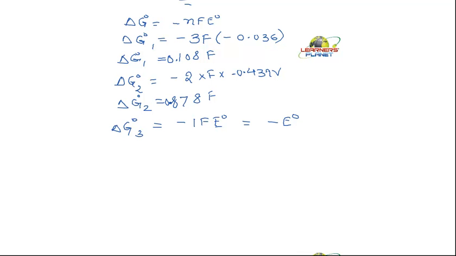Right? So how will you find out this E naught? You can subtract the two delta G equations over there. So your delta G3 will be equal to delta G1 minus delta G2.